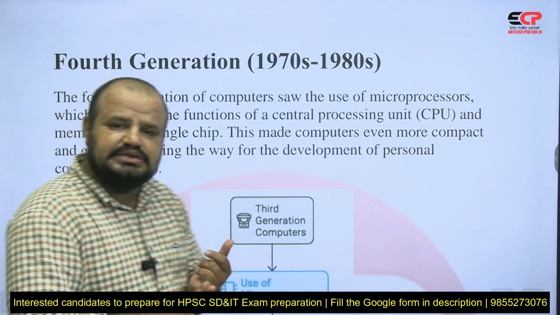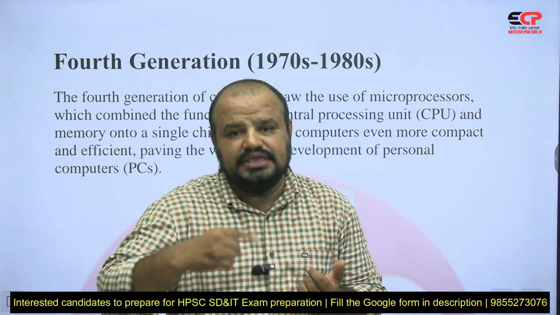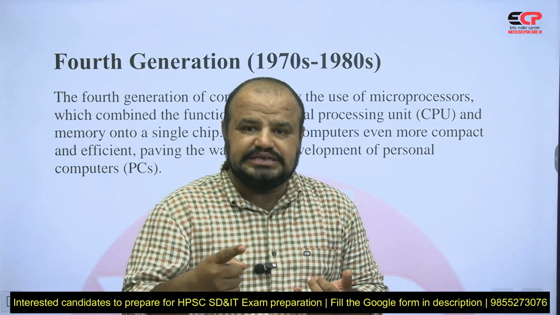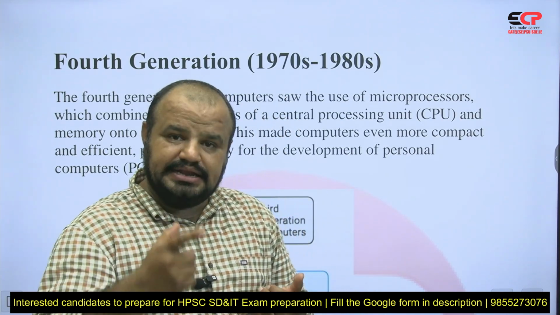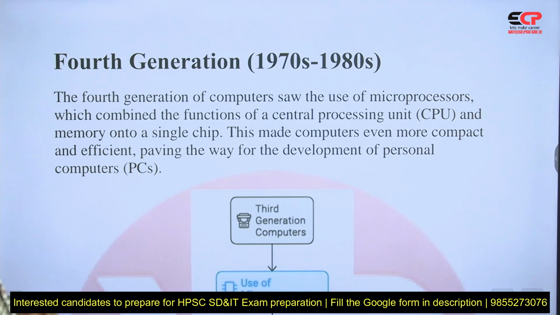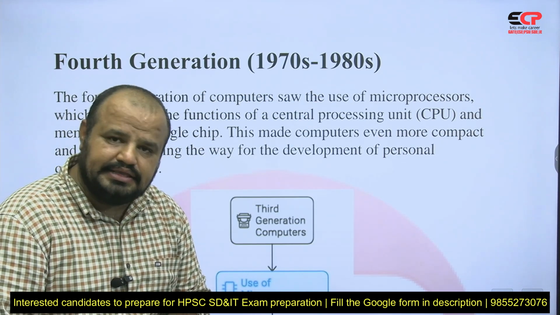So in the first generation we use vacuum tubes, in the second generation we use transistors, in the third generation we use ICs, which are made up of many transistors and capacitors. Fine. Next is the fourth generation, from the era of the 1970s to the 80s.